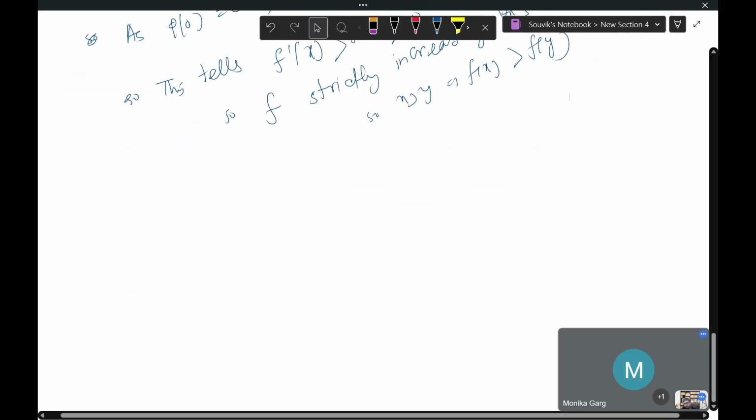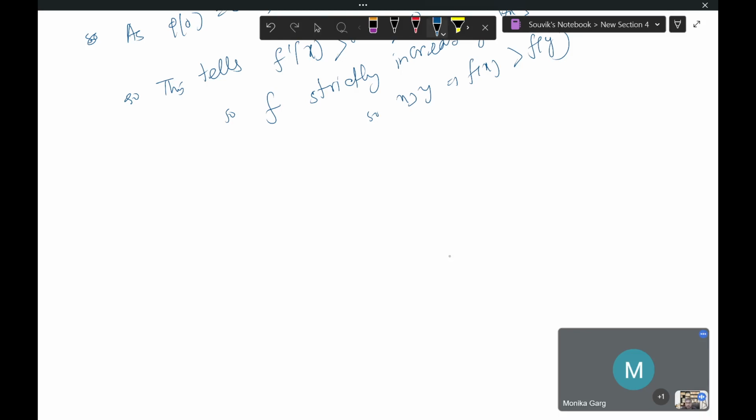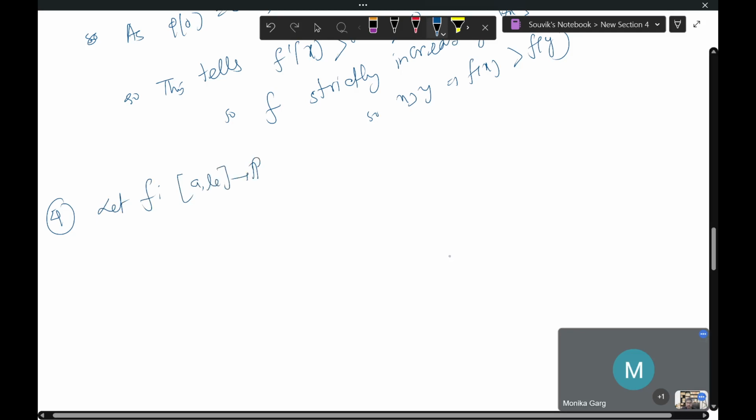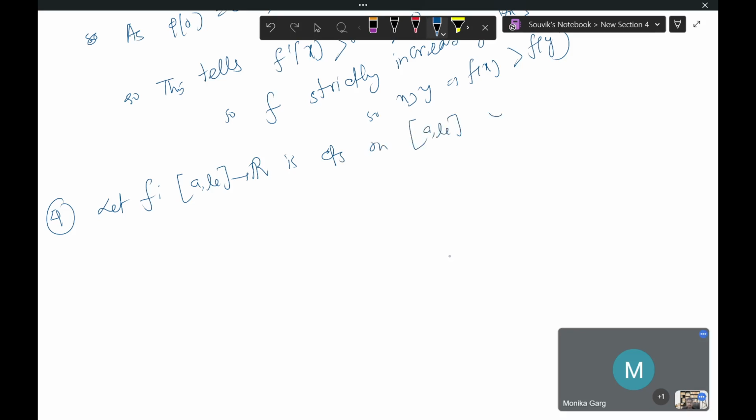So now consider the next problem. It is a different type of problem. Let f from [a, b] to R be continuous on [a, b], and f dash x is not equal to 0.